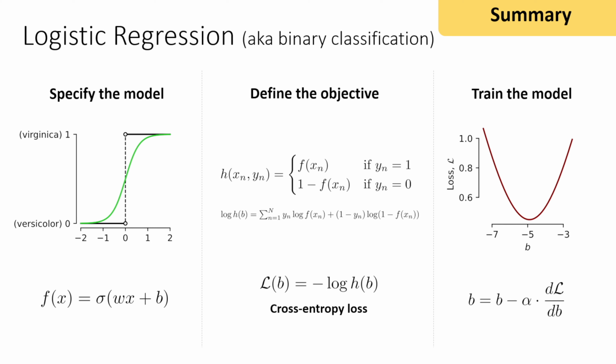We specified the model, which ended up being a linear model combined with a smooth approximation of the step function, called the sigmoid function. And the important take-home message was that in order to use gradient descent, we need to construct our model from smooth functions. Then we derived the objective function, the cross entropy loss, and altogether we got a smooth loss landscape which allows us to use gradient descent and find the optimal value for the bias parameter.